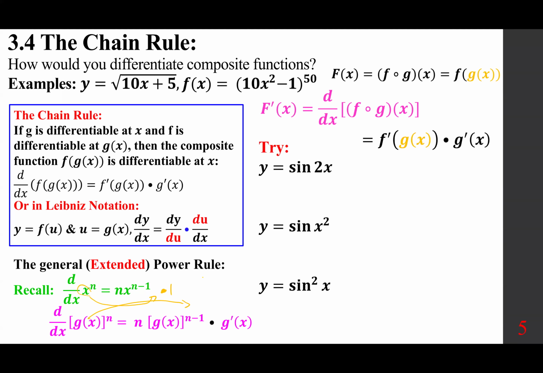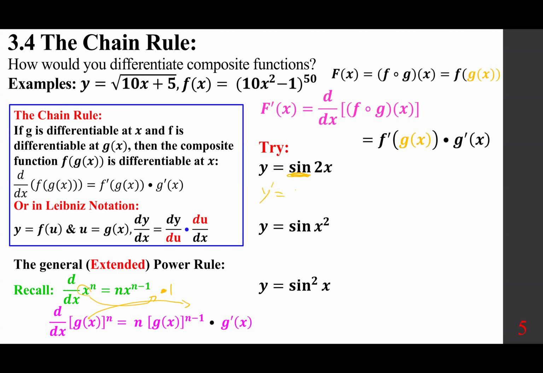This set of examples would make this, I believe, easier to understand. So y equals sine 2x. The way I approach trigonometric functions in general, I'm going to underline the function of interest. In this case, it is sine. And I'm going to say y prime.